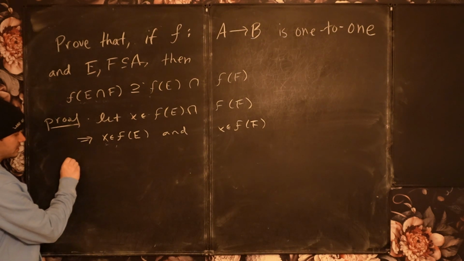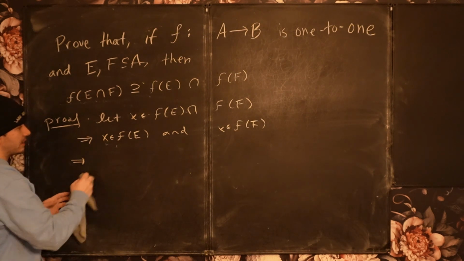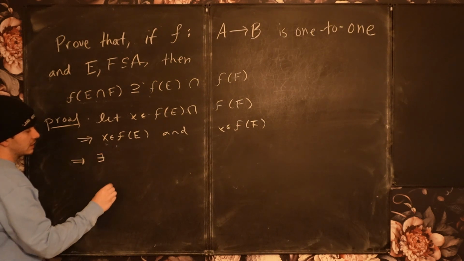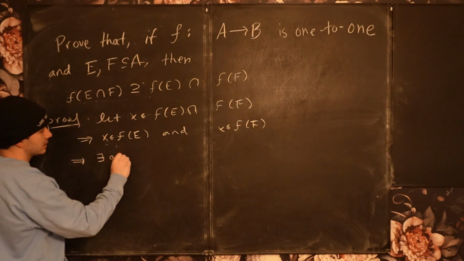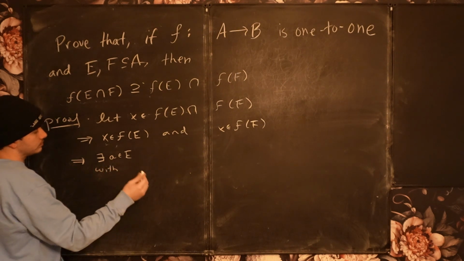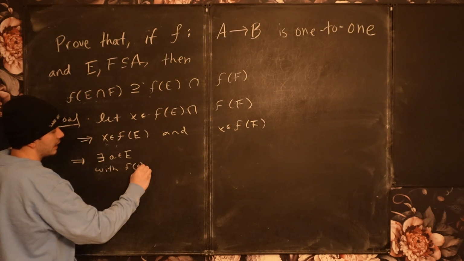This tells me that by definition of being in the image set of E, there exists an a in E with f of a equal to x.